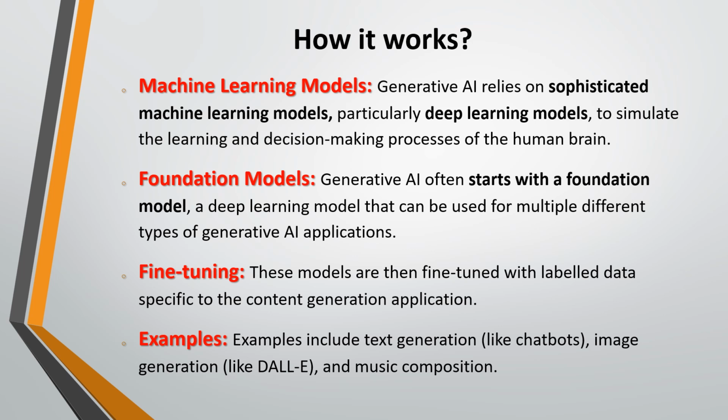Image generation like DALL-E is an artificial intelligence based software application that generates images based on the textual input given by the user. And also music composition it can do, or it can do video composition also, and whatever you want basically to do, it can do all those things.